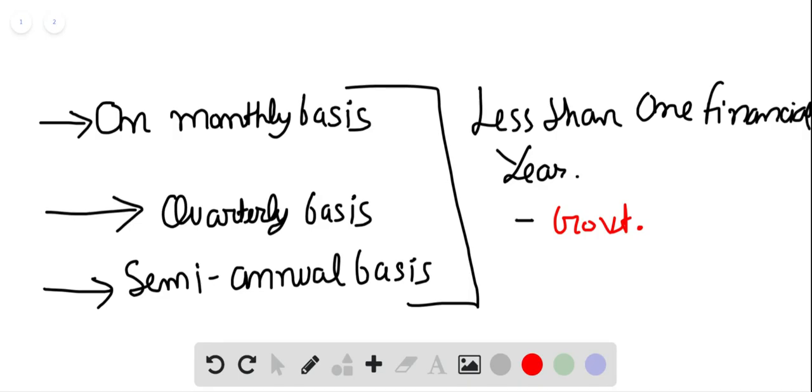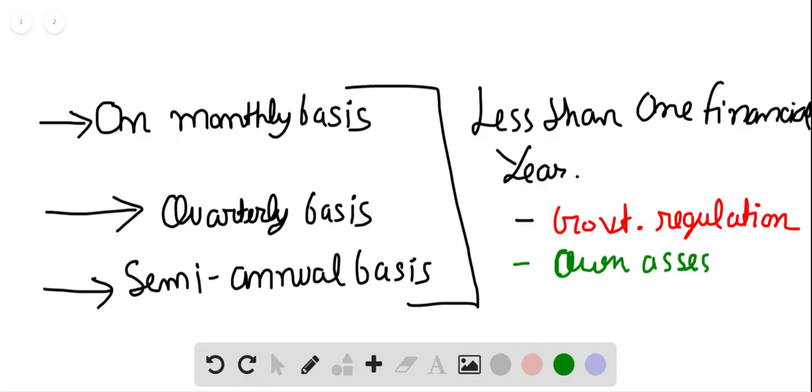Okay, government regulation, own assessment. Okay, some entity prepares financial statements for less than 1 year on the basis, like let's say there are companies which are listed on stock exchange who are required to publicly disclose financial statements on quarterly basis. Okay, so that is the sole requirement.